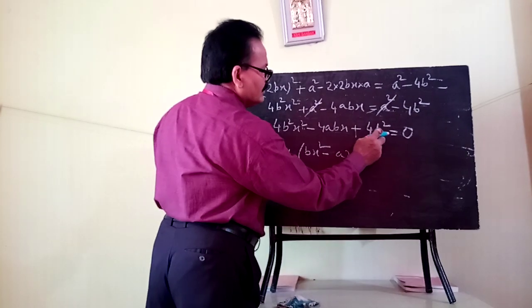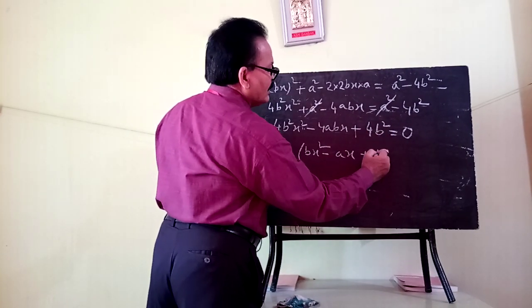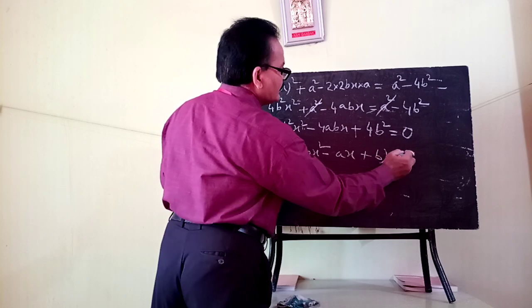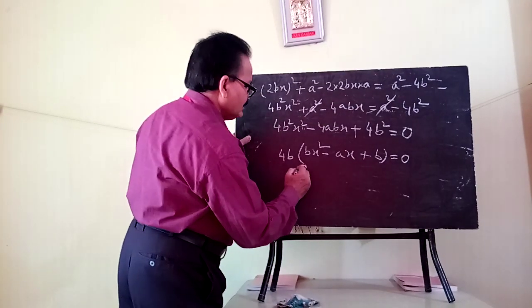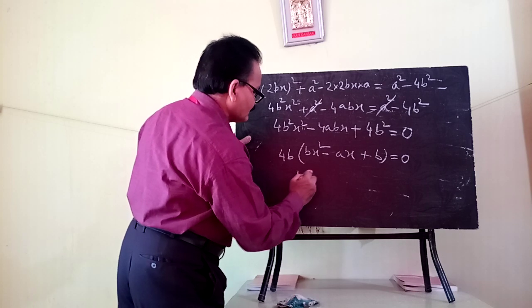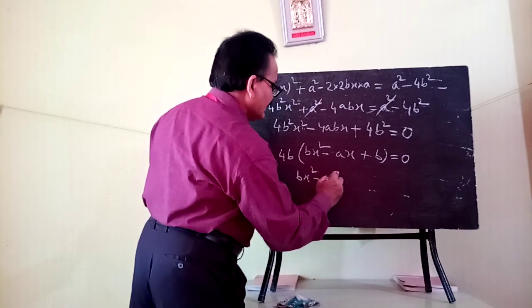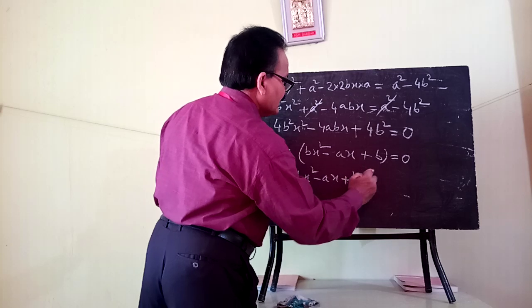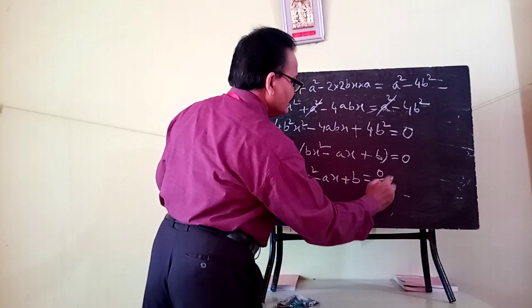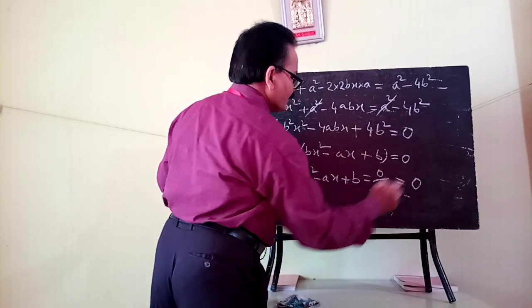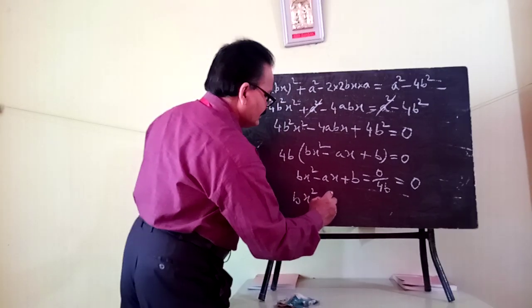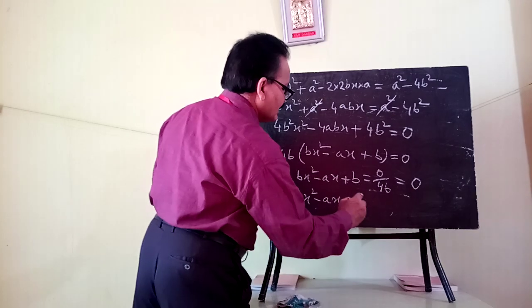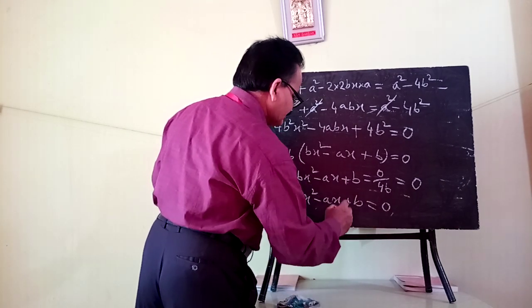Then again when you have taken 4b out, only b will be left, equal 0. Now this 4b you take to the right side. So that means bx square minus ax plus b equals 0 by 4b equals 0. So final answer is bx square minus ax plus b equal to 0, hence proved.